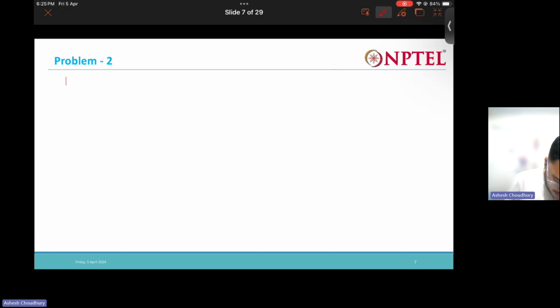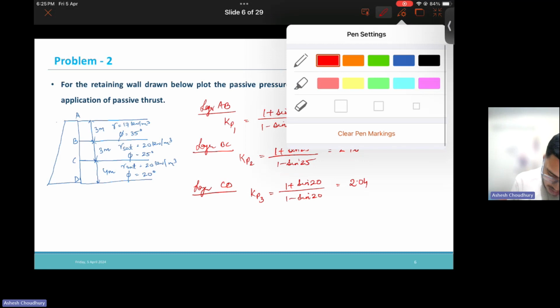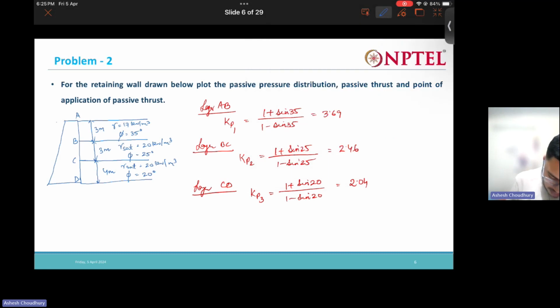So now for the AB portion, okay, one more thing I forgot to draw there. We actually have a water table at this depth.